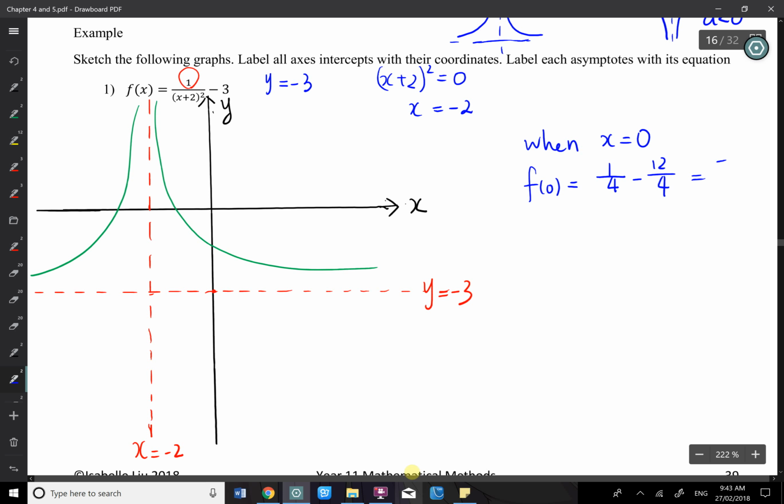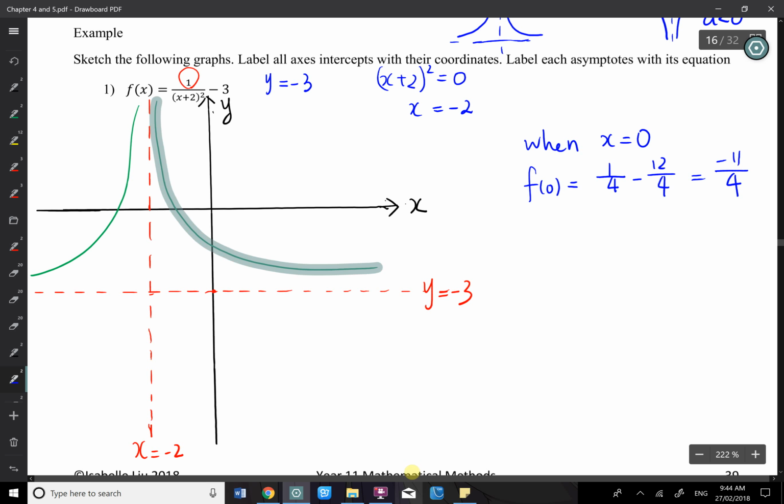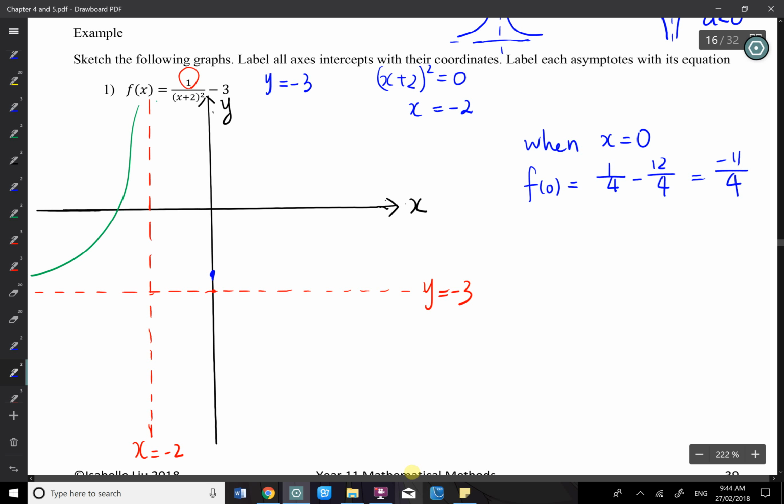So f(0) equals to negative 11 over 4. So it's almost negative 3. So it's about here. Well, I will miss the left hand side of the graph.